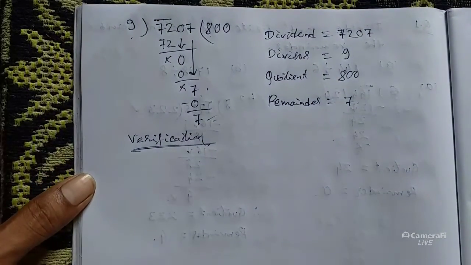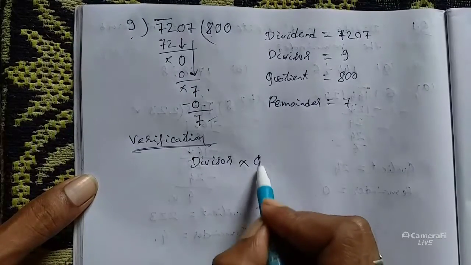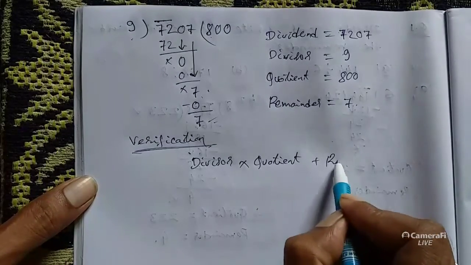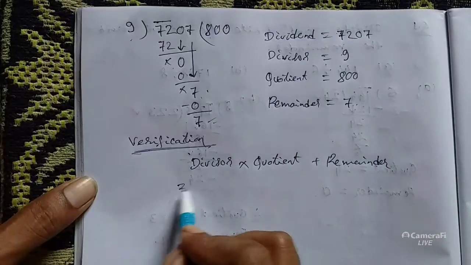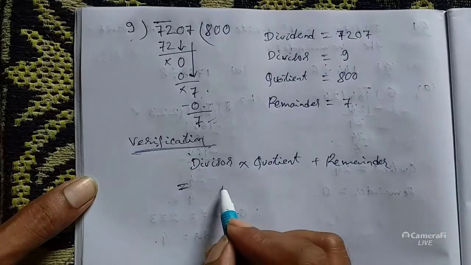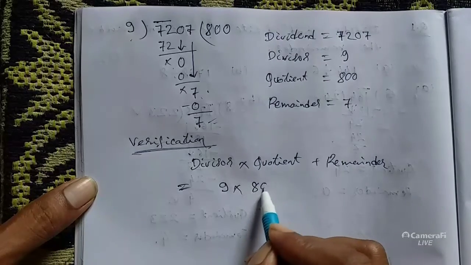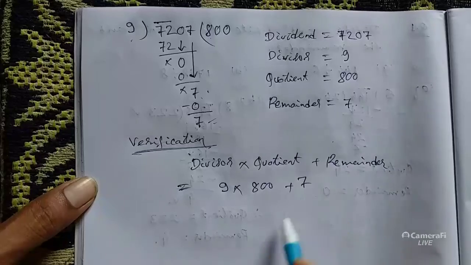Now for verification. To verify the result, we will find divisor multiply quotient plus remainder. Let us check. The divisor is here 9, multiply quotient 800, plus remainder 7.